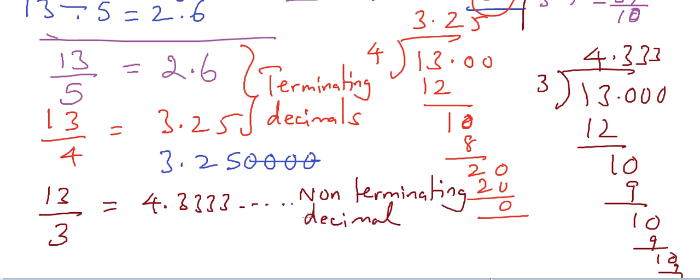Another thing we observe is that it is non-terminating, but it's recurring, because the digits are repeating: 333.